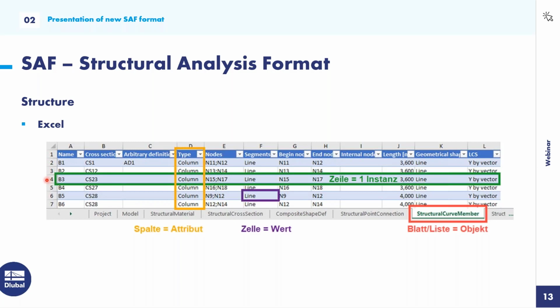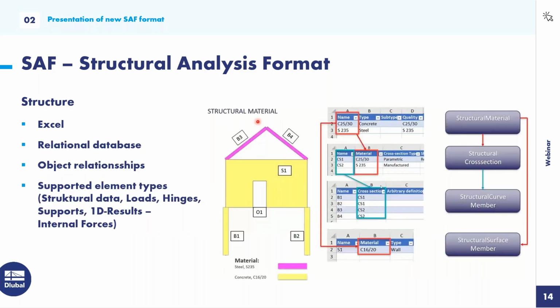At each row, you find different information. Like in this column, you find the nodes, for example, of a member. So the beginning node and the end node, you find also the length, and each cell has also a value. And the value is, for example, the beginning node in this row. So this is the basic structure. I will show it to you afterwards.